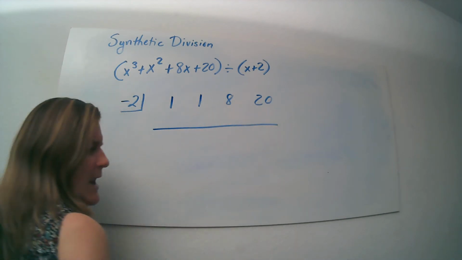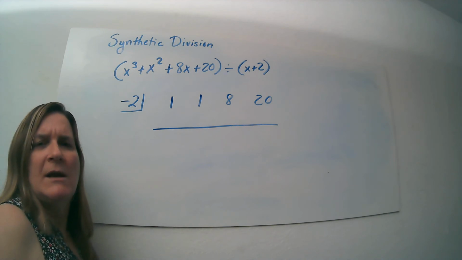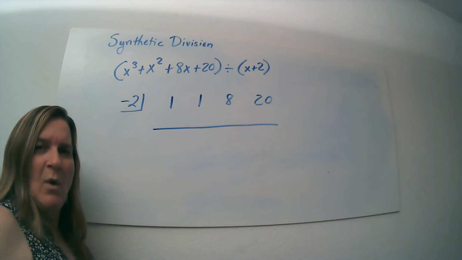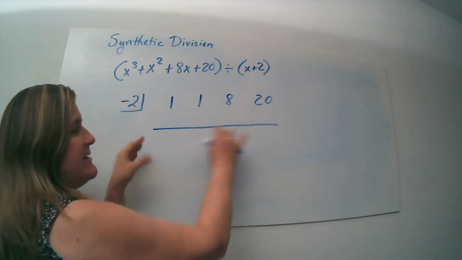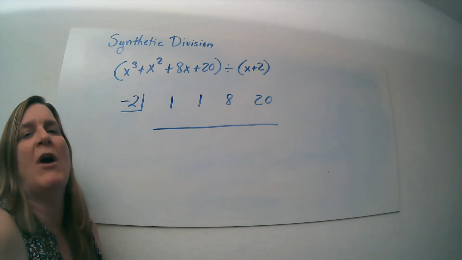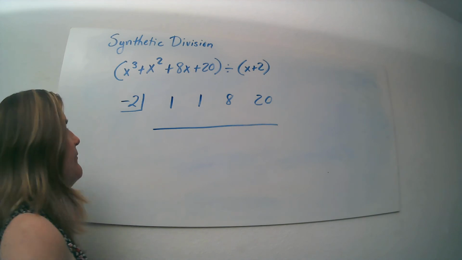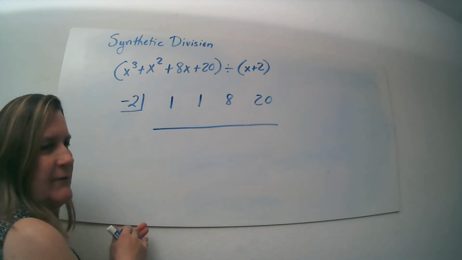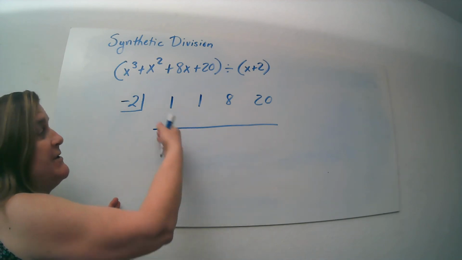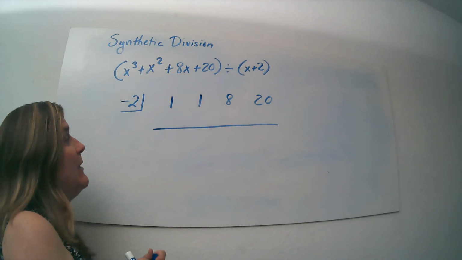Draw our line. And let me just make a comment here. When you watch other videos and look at different books, where people put the boxes can vary, but the process is the same. Some people put a box here and not around the -2. But you will see some people do it this way as well.